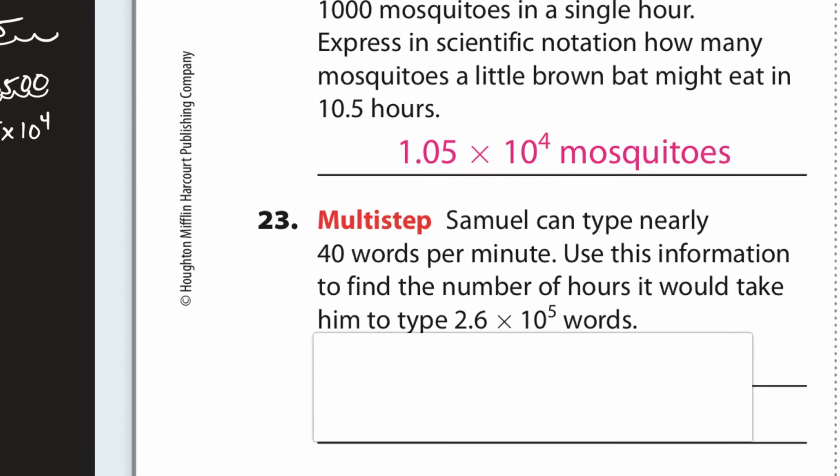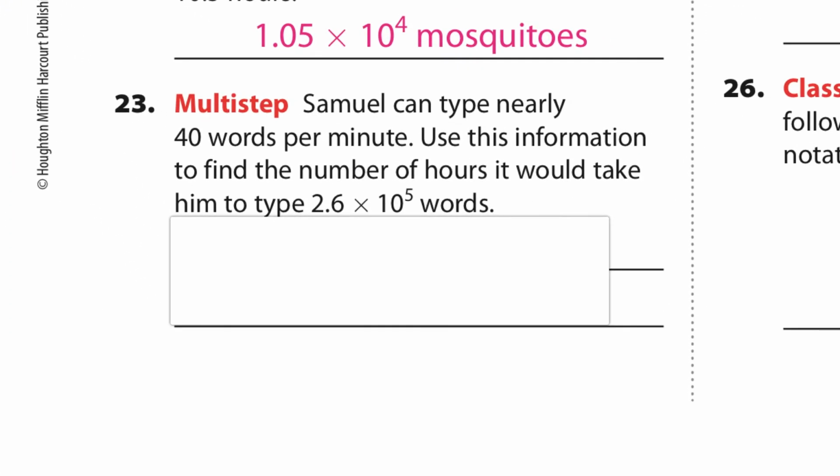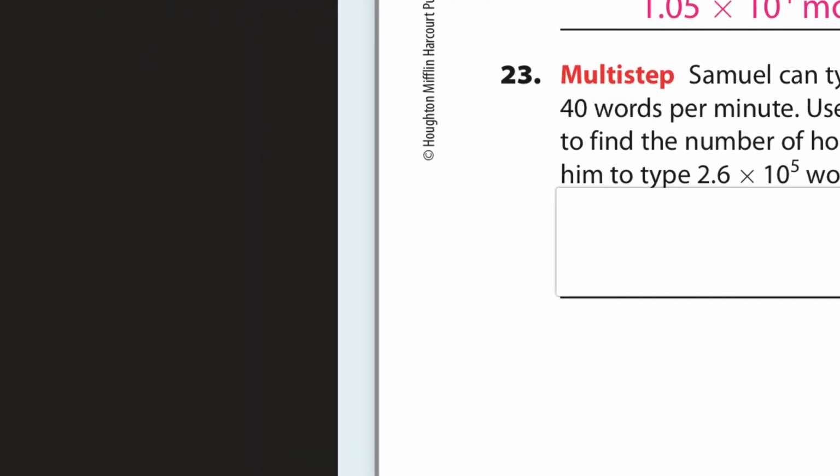And Samuel can type nearly 40 words per minute. Use this information to find the number of hours it would take him to type 2.6 times 10 to the fifth words. Well, I'm thinking that it's 2.6 times 10 to the fifth divided by 40.